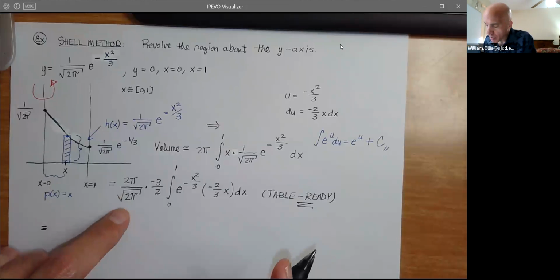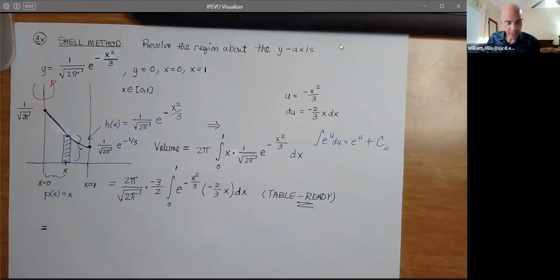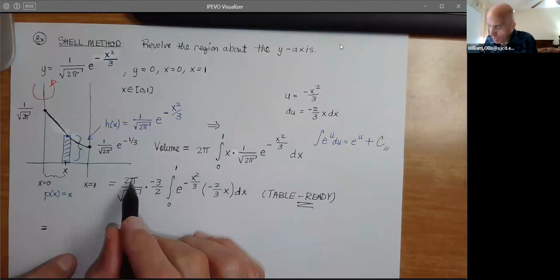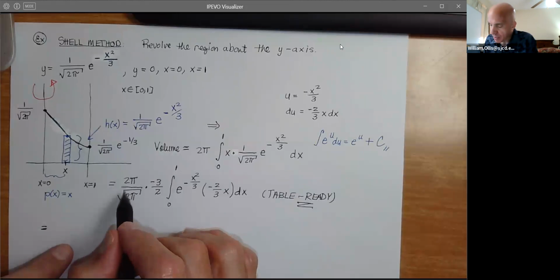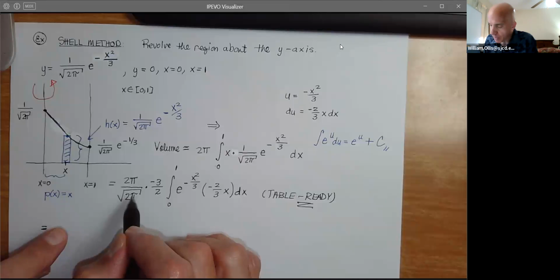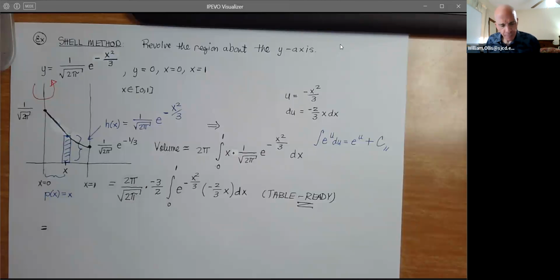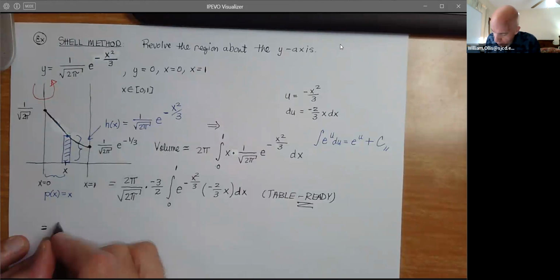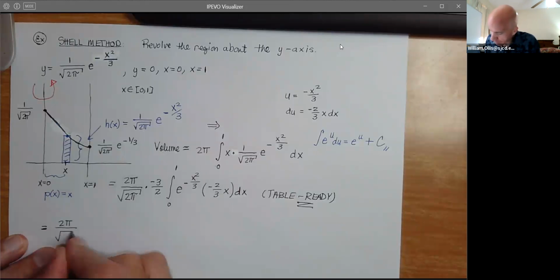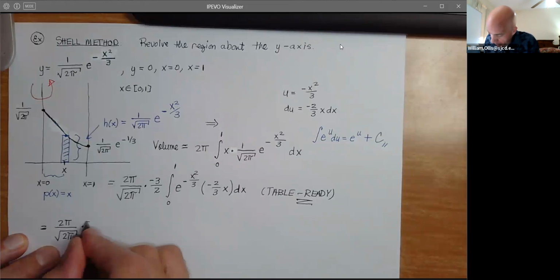So now when we look at what we have here and we think about it, we can rewrite things so that it's a little bit more user friendly. What I did with this particular problem is think about this in an algebraic way. So first, let's just go ahead and write this, 2 pi square root 2 pi. And then we have the negative 3/2.